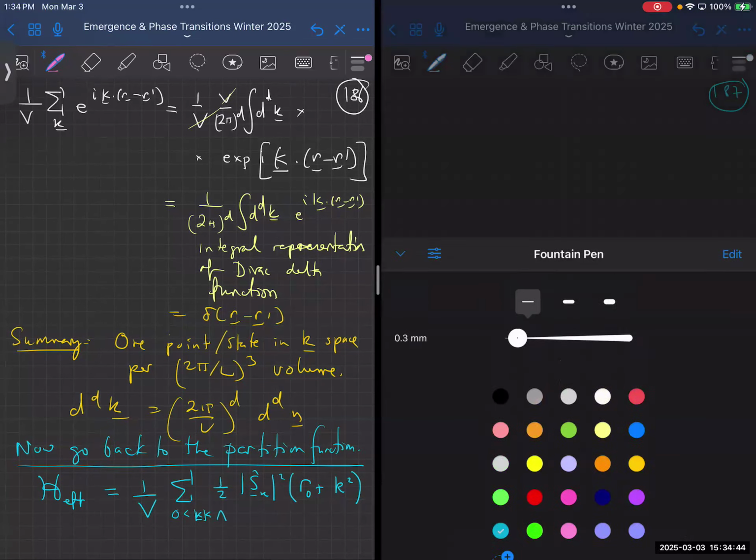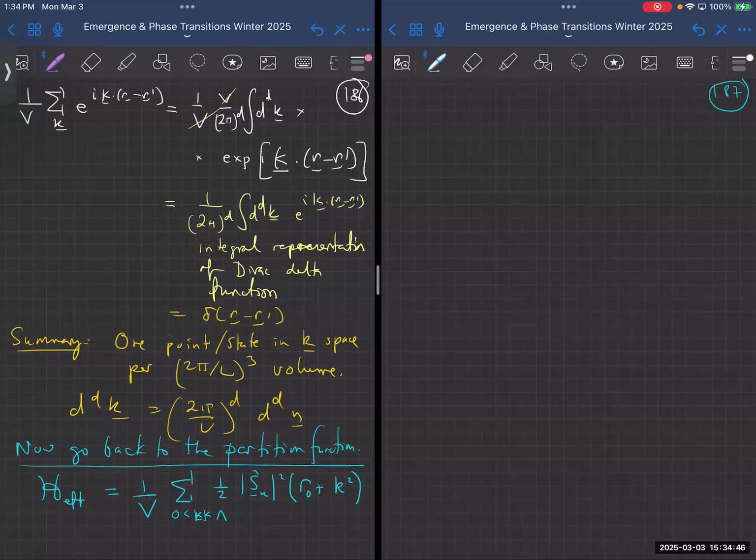Okay, so let's go ahead and do it. So the thing we're trying to calculate then is the partition function, which is the trace over my coarse-grained order parameter times e to the minus the effective Hamiltonian. And so this trace now goes into a trace not over S of r, but a trace over the Fourier components, S of k. And if I'm going to sum over all the values of the Fourier components, then what I have to do is do an integral.